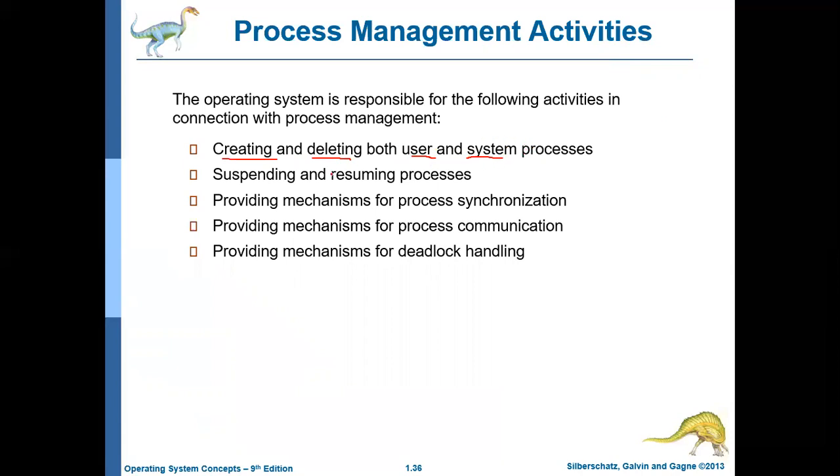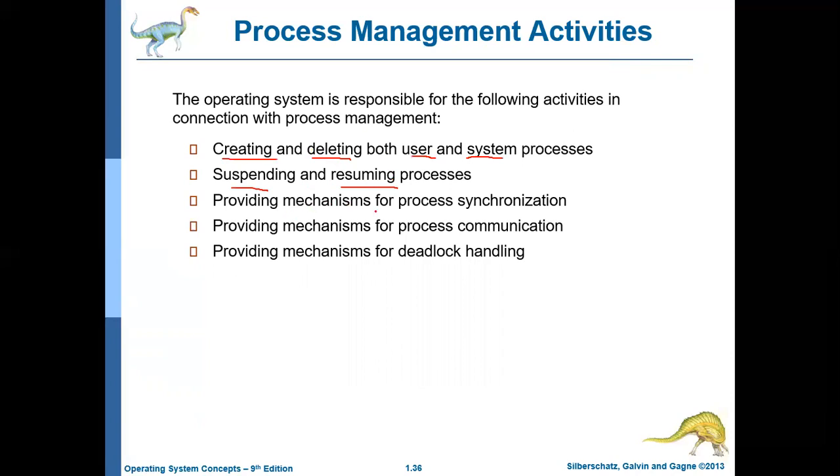So the operating system may create either a system process or a user process, and it also has the privilege to delete any of these processes. The operating system may also suspend or resume a process. Suspend means stopping or halting a process temporarily. Resuming means continuing it from the halt stage, at some point of time.